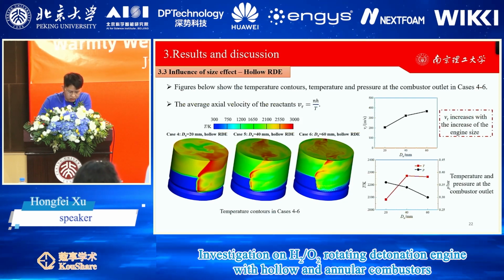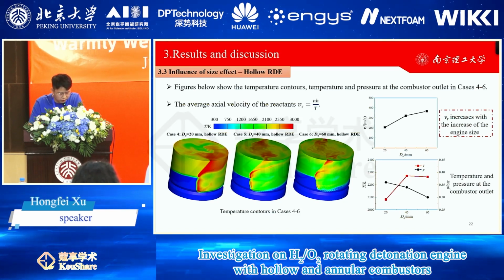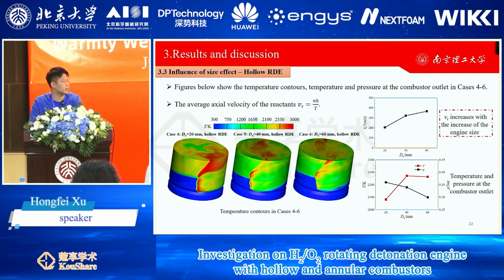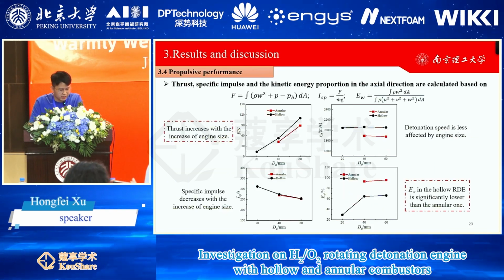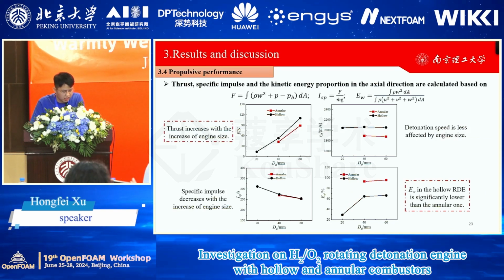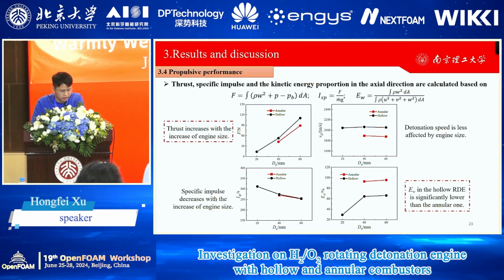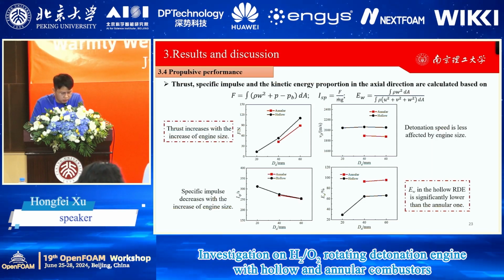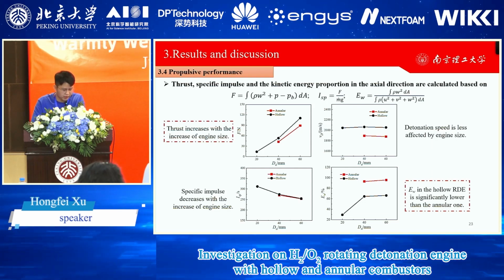As the outlet area becomes larger, the outlet pressure decreases with the increase of angle size. To investigate the propulsive performance, a series of parameters are calculated, as shown in the figures. With the increase of angle size, the thrust increases and the specific impulse decreases.